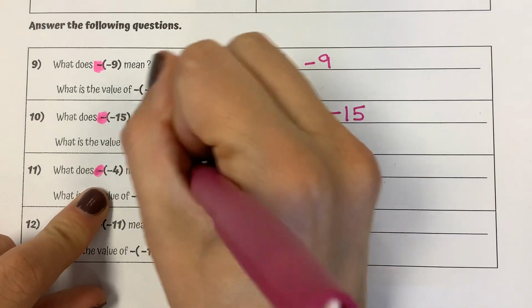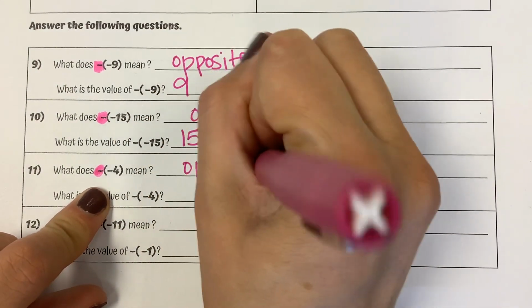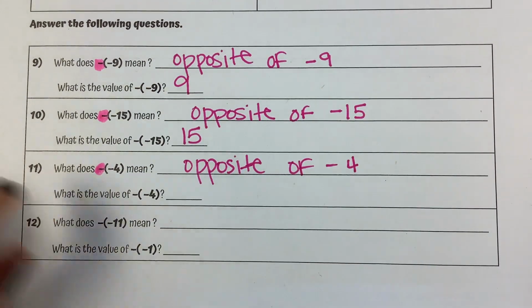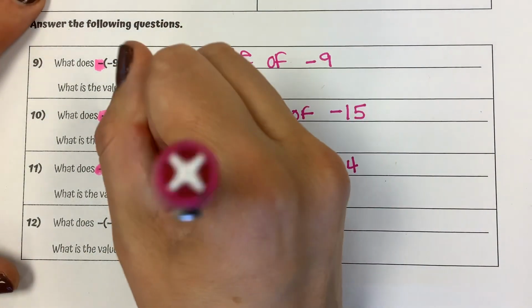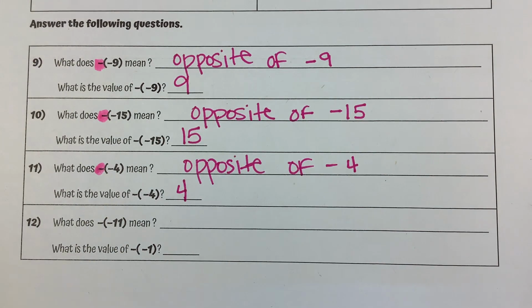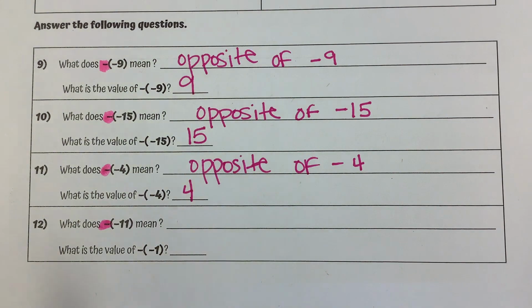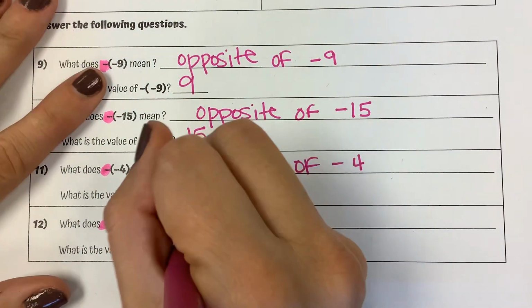This means, what is the opposite of negative 4? The opposite of negative 4 is positive 4. This one, what is the opposite of negative 11?